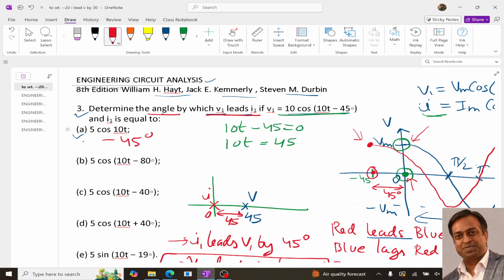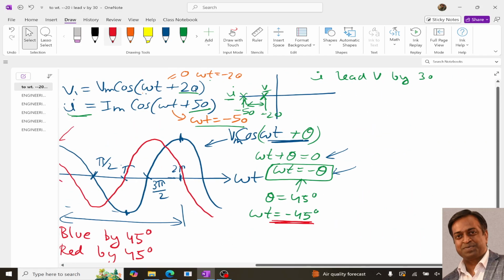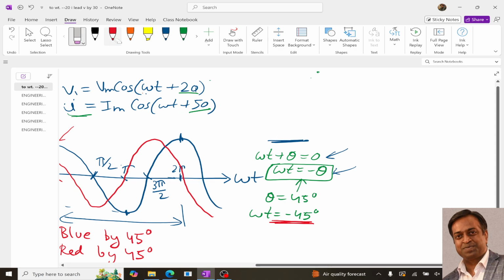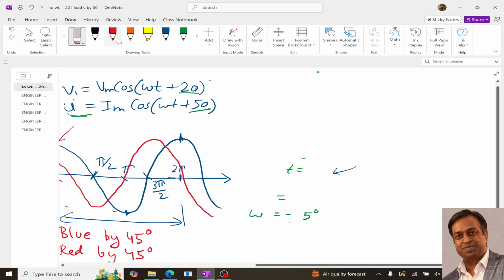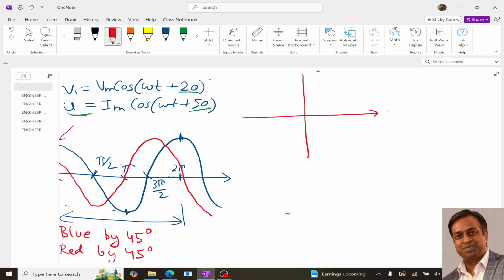Now the same thing can be done using the phasor diagram. So what is a phasor diagram? Let me also explain that. Now as we have considered this thing, let me erase a little bit. Yes, so the phasor diagram is a graph, and on the graph, this is 0 degree, this is 90 degree.